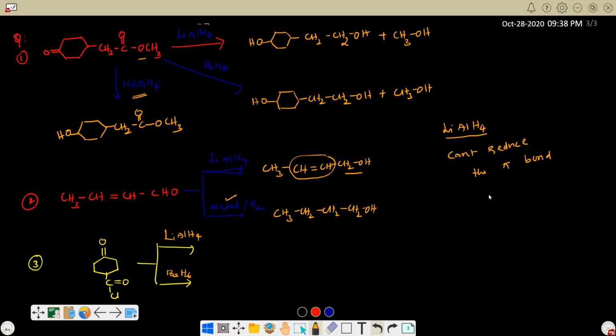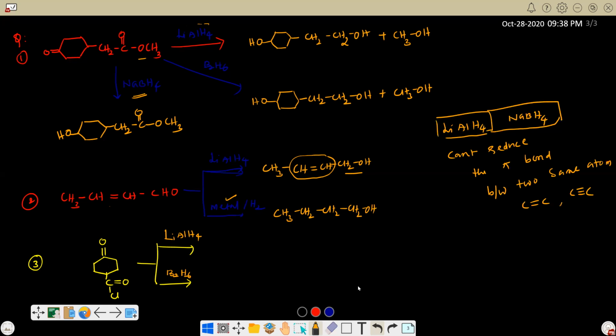Pi bond between two same atoms, that means carbon-carbon double bond and carbon-carbon triple bond. So it has some limitation. Even sodium borohydride cannot. You can add NaBH4 also, NaBH4 and lithium aluminum hydride. But only one or two exceptions where lithium aluminum hydride can reduce.